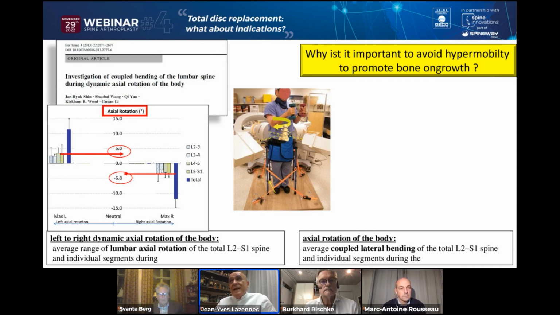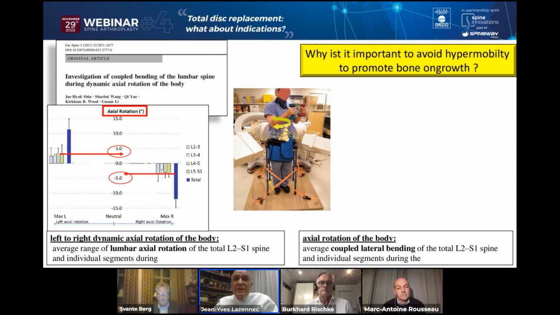It means that if you don't ask the patient to be a little bit careful with maximum rotation, you may have a deleterious rotational movement, which can be a problem for bone integration.